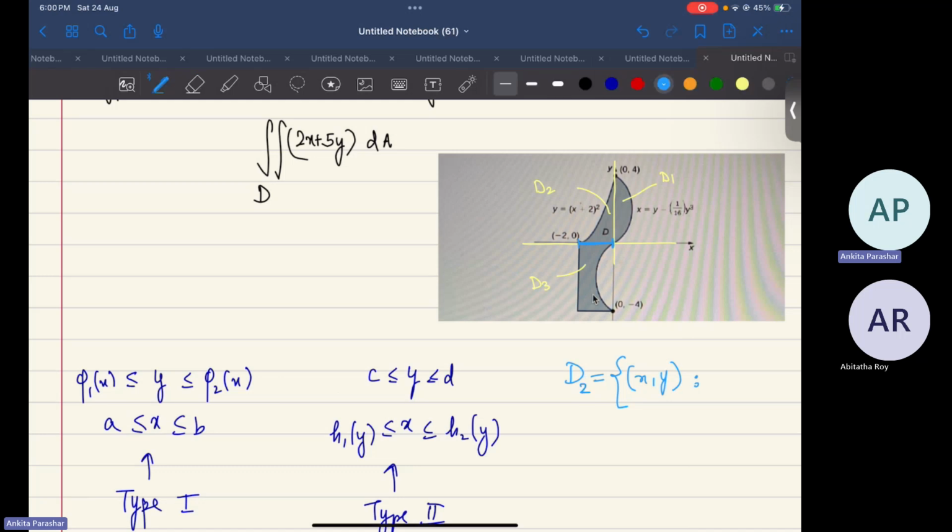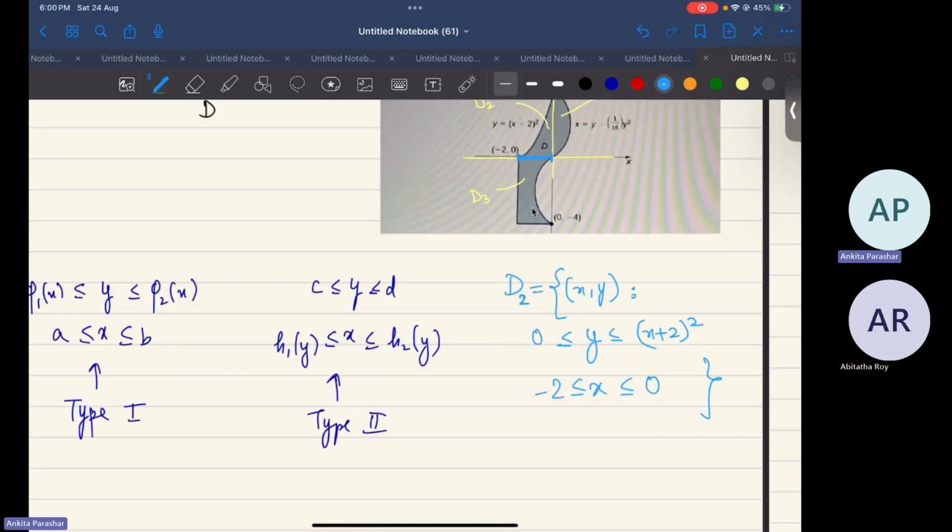Sorry, D2. In D2, we can do it from y equal to 0 to y equal to (x plus 2) whole square. Y lies between 0 and (x plus 2) whole square. Very nice. What about x? X is from minus 2 to 0.